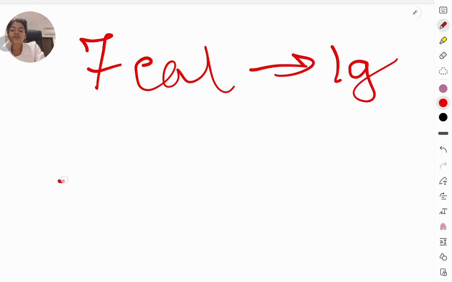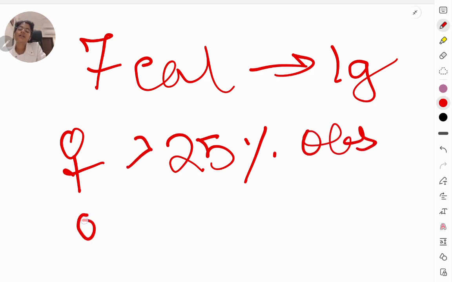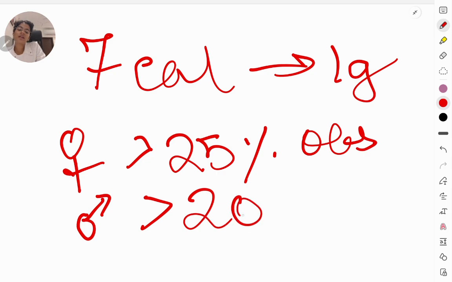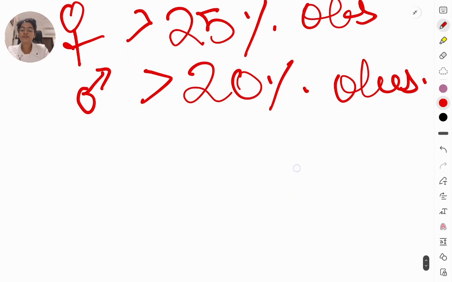What I said is that in female, if the weight due to fat exceeds more than 25%, then there is obesity. But in the case of male, if it exceeds just 20%, then it's obesity. Clear?